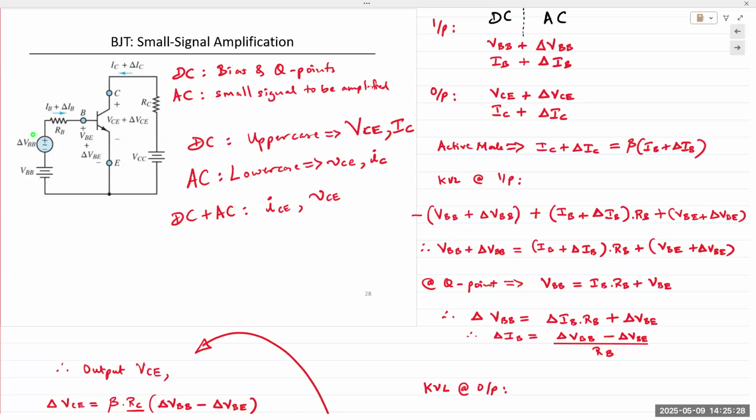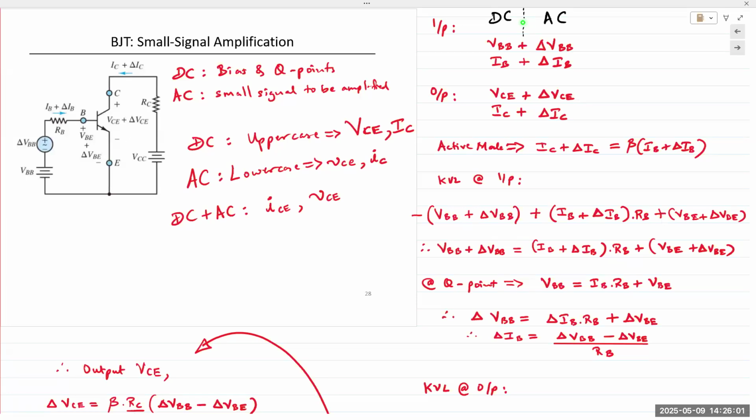But for explanation purposes, understand that these are DC quantities and the ones with delta are AC quantities. Nothing else has changed about the circuit or the analysis. The only thing is every quantity now has a DC component as well as an AC component.